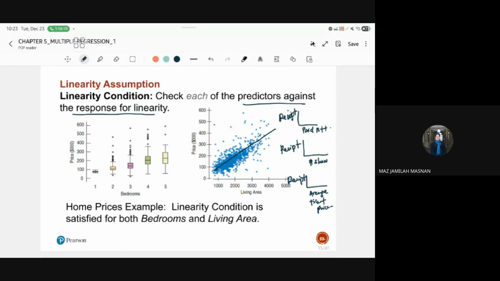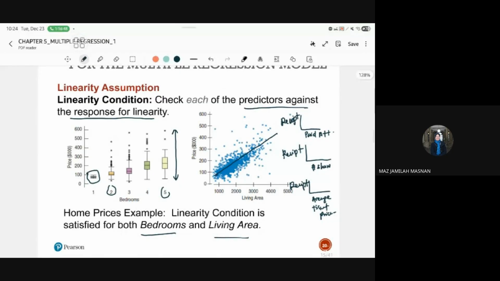So never mind, just take it as it is. For one bedroom, the variation is very small compared to two bedrooms up to five bedrooms. As we increase the number of bedrooms, the variability is increasing. But somehow it mentions that the linearity condition is satisfied for both bedroom and living area. So as for now, take it as it is.